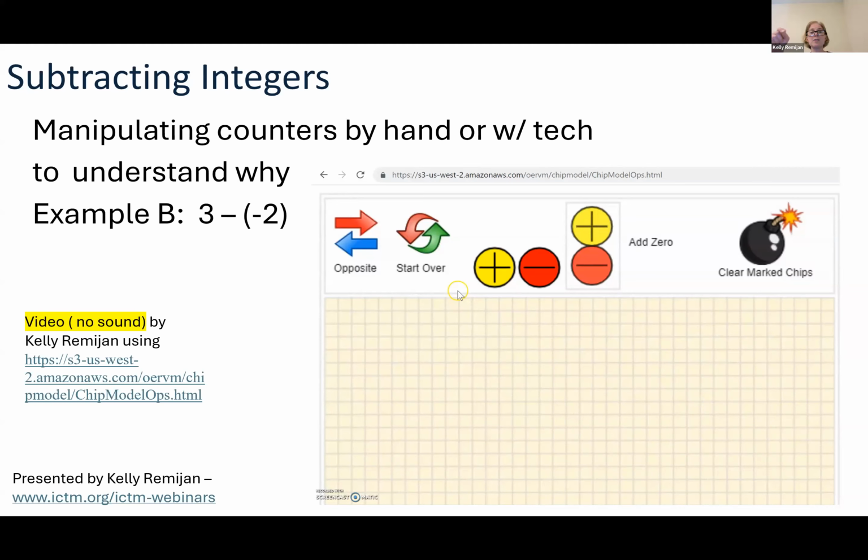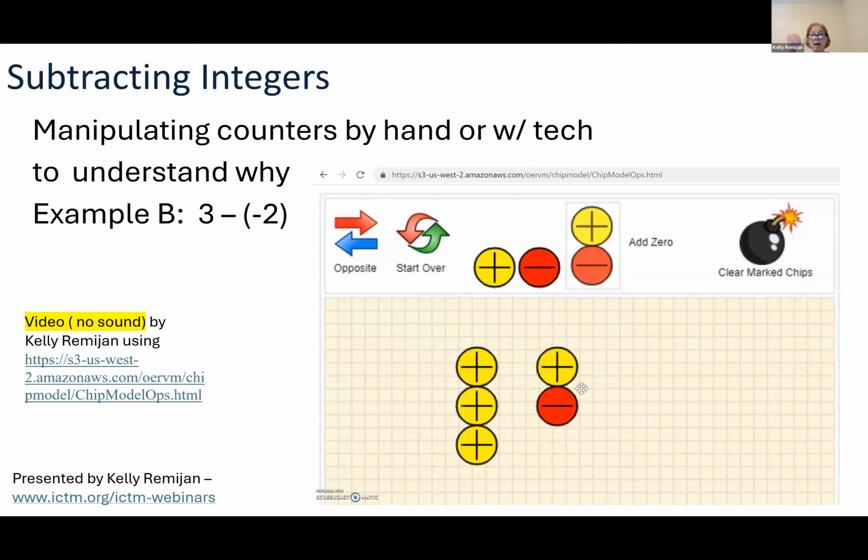But 3 minus -2. So if we have 3 minus -2, I have to have 3 positives, and then I have to take away 2 negatives. But to do that, I have to have negatives, and I have to remember that every positive and negative pair is 0. So I can bring down as many different positive and negative pairs as I want.